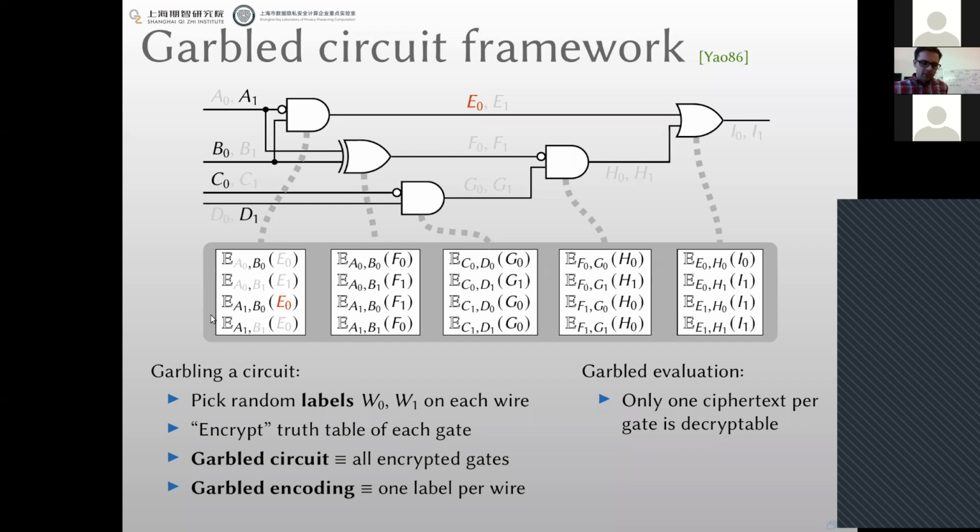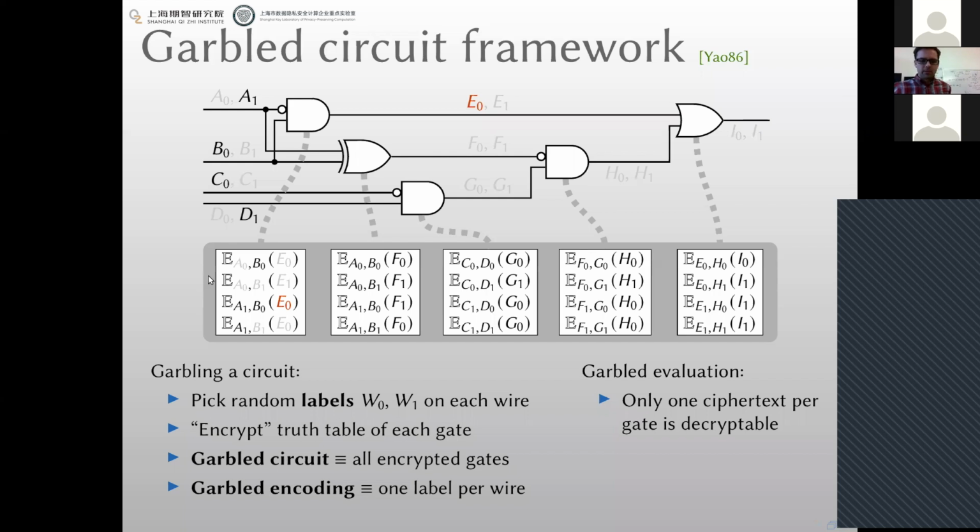Actually, next week, I'll say more about garbled circuits, and it's very inefficient to try to decrypt all 4 of these ciphertexts and then check which one is successful. There's a way that you can tell Bob which ciphertext to decrypt without leaking information about whether this is a 1 or a 0.